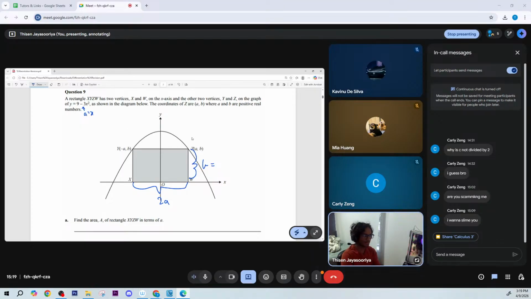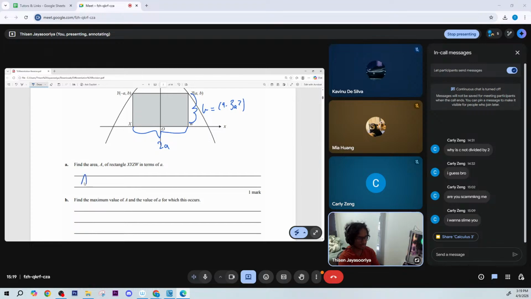So that means here, this is (a, 9 take away 3a squared), right? Does that make sense for the two of you? So here, b is just 9 take away 3a squared, which means the area of this is going to be 2a brackets 9 take away 3a squared.